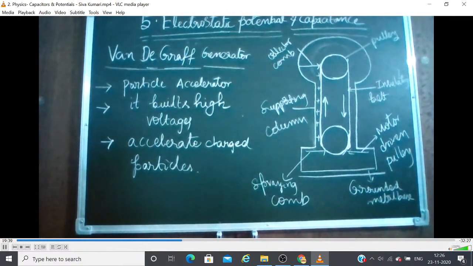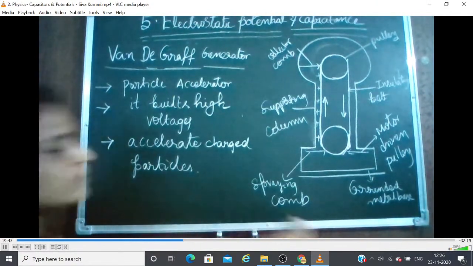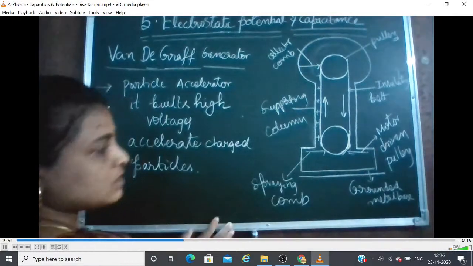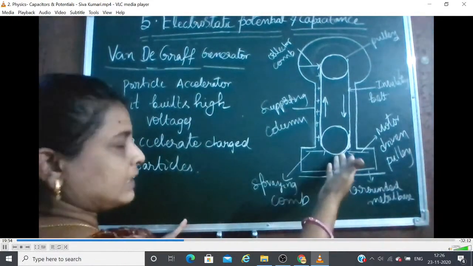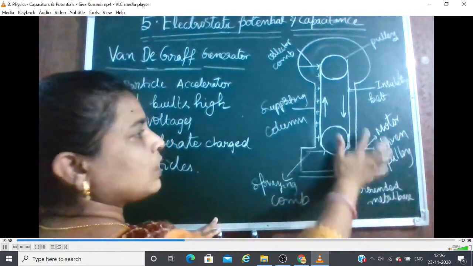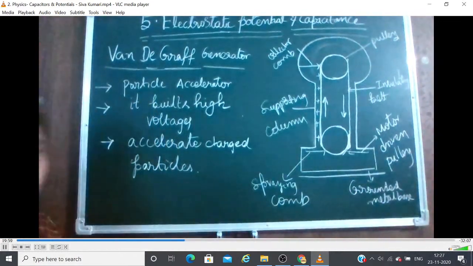And now the construction, the parts of this Van de Graaff generator are these. It contains a spraying tool which sprays the charges, and here it will have a pulley, which is a motor driven pulley.